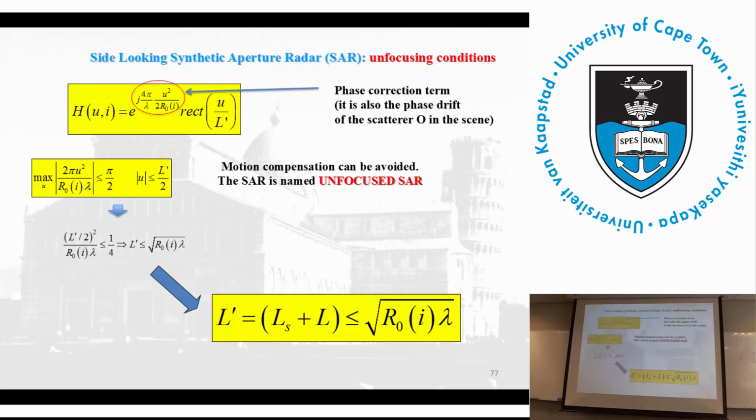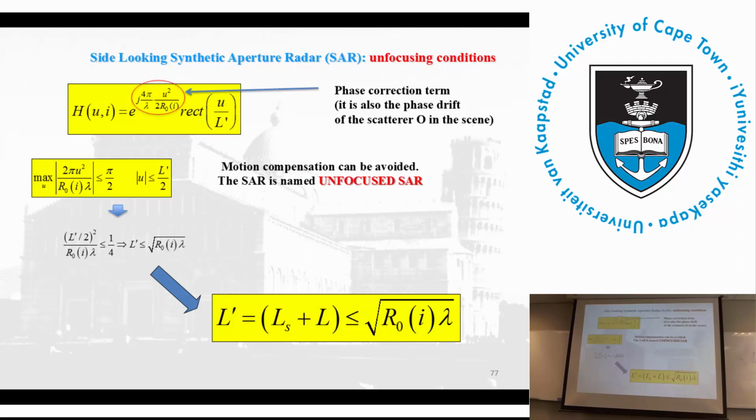If I write this and search for the maximum value of u, this gives me the value of the extension of my image in azimuth that will still be focused even if I don't perform this motion compensation.